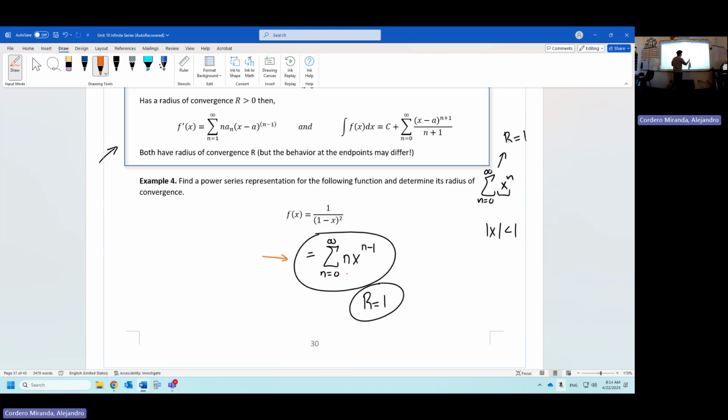Like, oh, this looks like a geometric series, or just do the ratio test on this, which would be n plus 1 times x to the n minus 1 plus 1. Take the limit as n goes to infinity and find the radius of convergence that way.